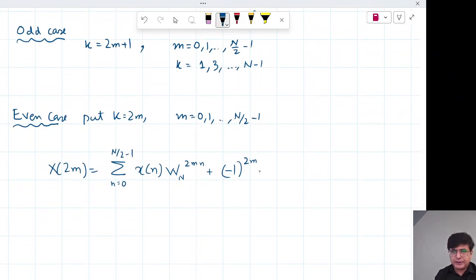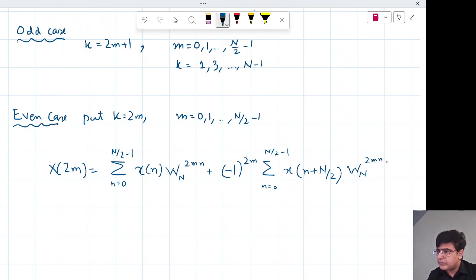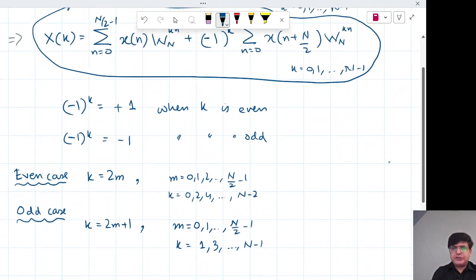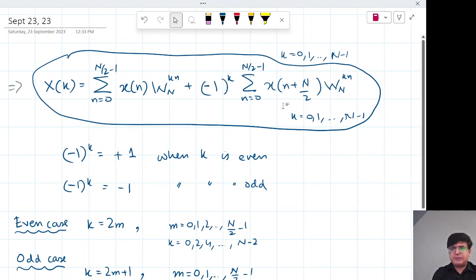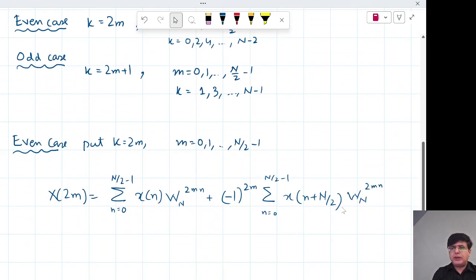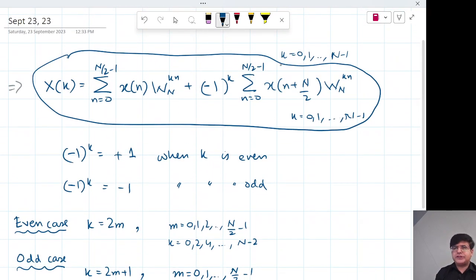So I will have n going from 0 till n over 2 minus 1, x of n plus big N over 2. Then I have w subscript n to the power k n, but k I am replacing with 2m, so 2mn. So all I did, I just took this expression and I just replaced k with 2m, that is it, no other stuff happening. Questions at this point?